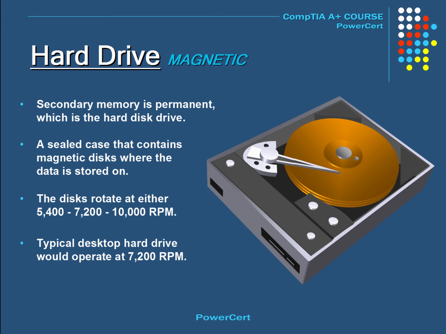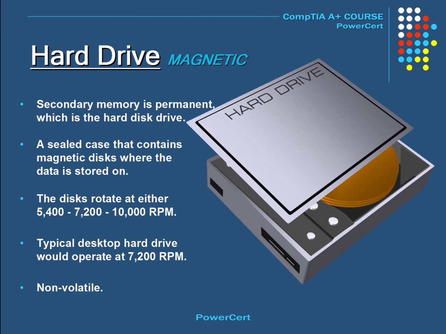And the higher end hard drives would operate at the 10,000 RPM range. But these higher end hard drives are not commonly used anymore because of the advanced speeds of solid state drives. And also, hard drives are considered non-volatile because they can retain and store data when not connected to a power source.